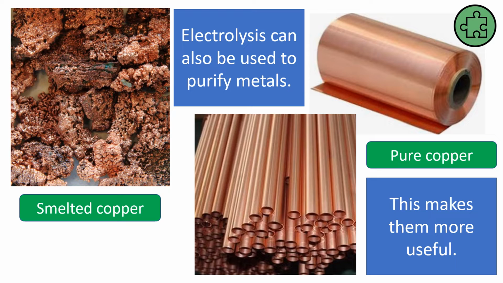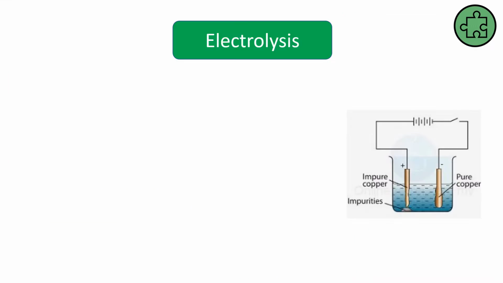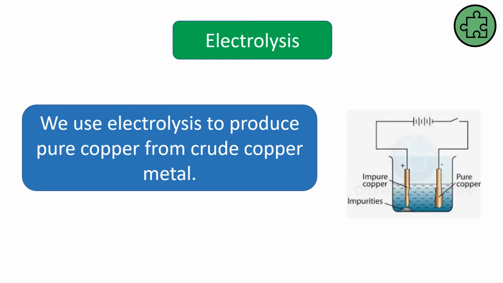Okay, so this smelted copper is not going to be particularly useful for making the copper pipes you can see there, or copper wiring. And of course, the more pure something is, the better it is going to be at conducting electricity.